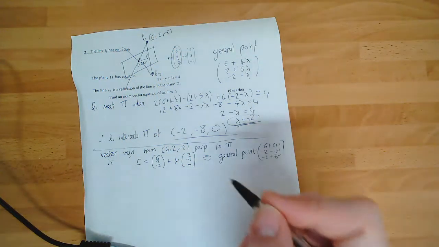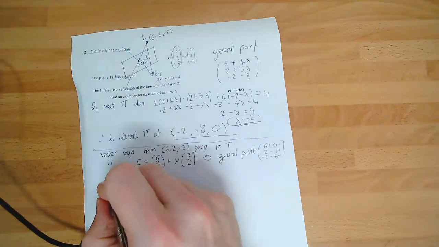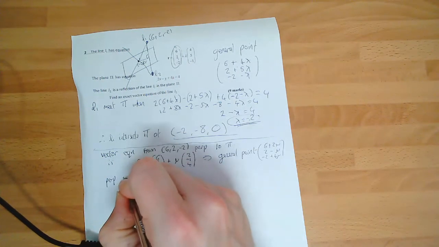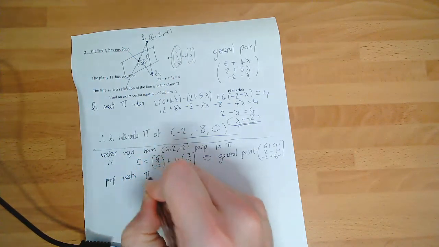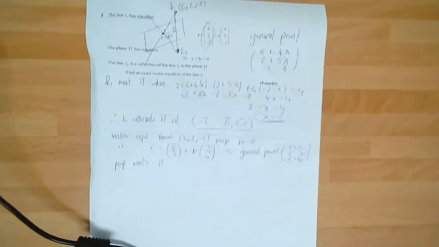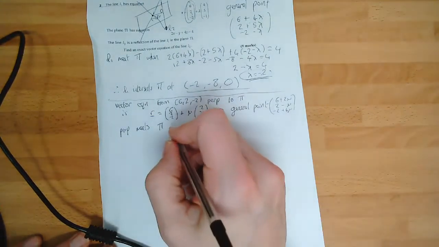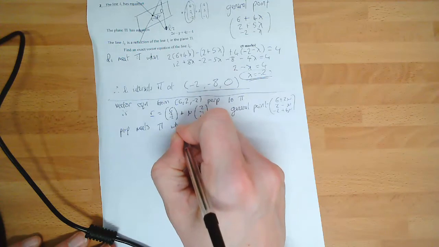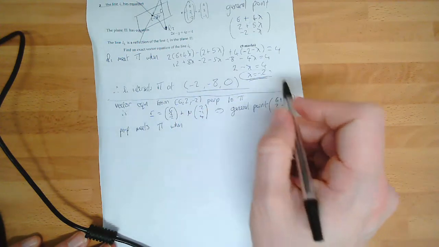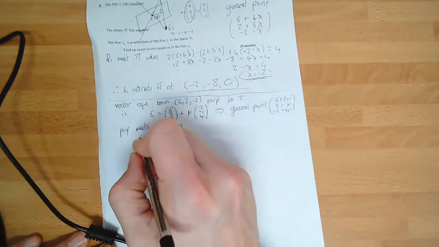So let's have a go at this then. This general point on the perpendicular meets pi. Let me move this down a bit so you can see. We're going to substitute this general point back into the equation of the plane.